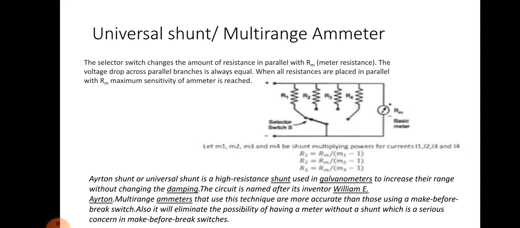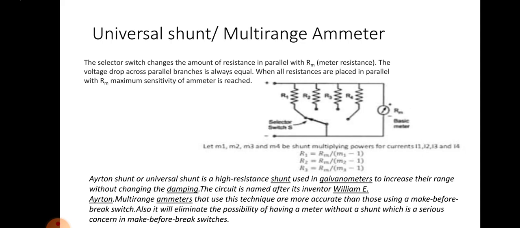The voltage drop across the parallel branches is always equal. So when all resistances are placed in parallel with Rm, maximum sensitivity of the ammeter is reached. Okay, so all these four resistances are in parallel to the Rm, that is the basic meter. Let M1, M2, M3 and M4 be shunt multiplying powers for currents I1, I2, I3 and I4.